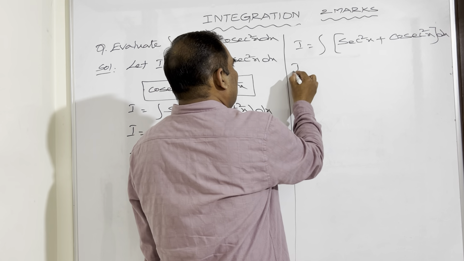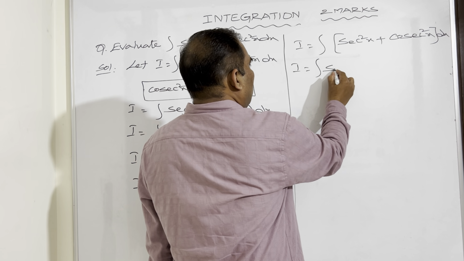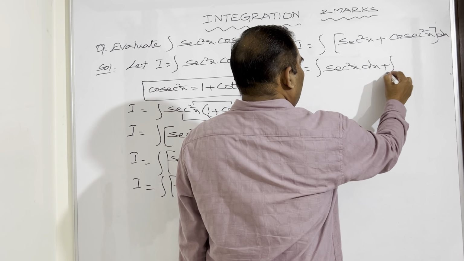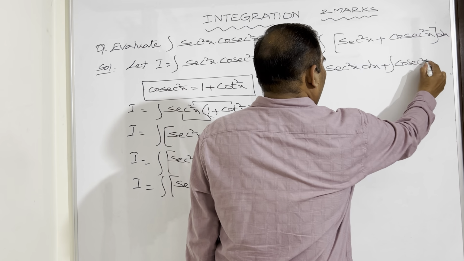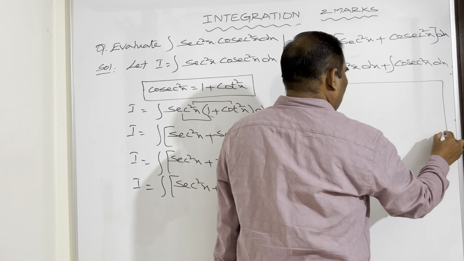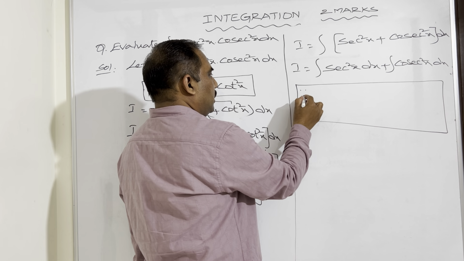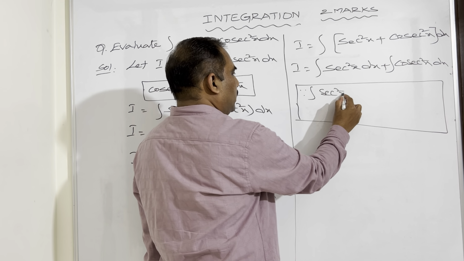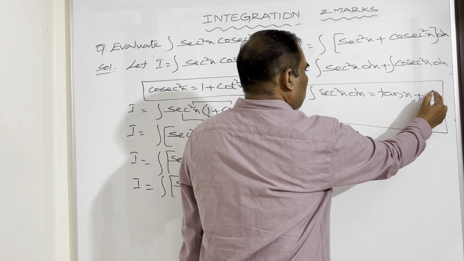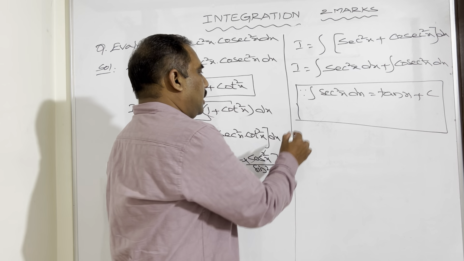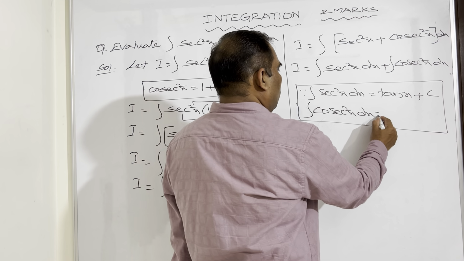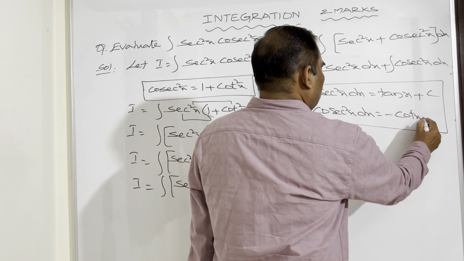Now further it can be written as integral secant square x dx plus integral cosecant square x dx. But we know the standard forms of the integrals: integral secant square x dx is equal to tan x plus c, and integral cosecant square x dx is minus cot x plus c.